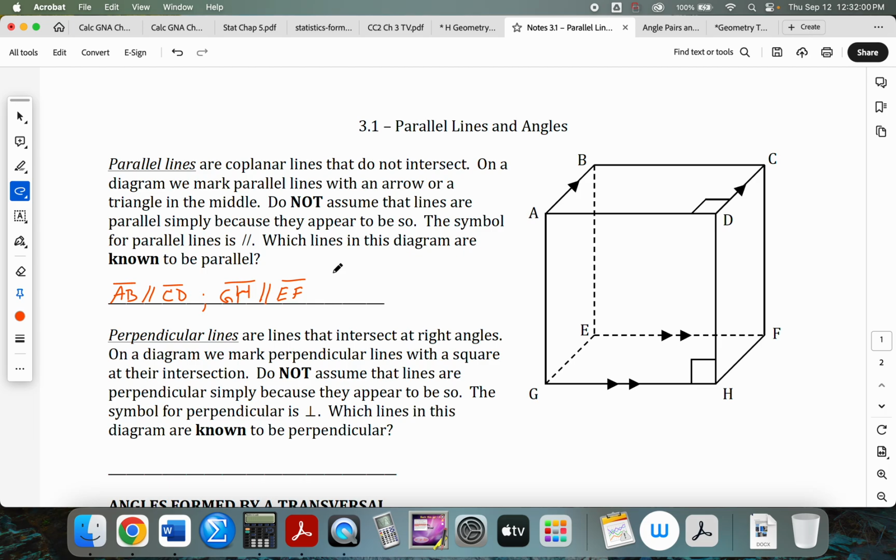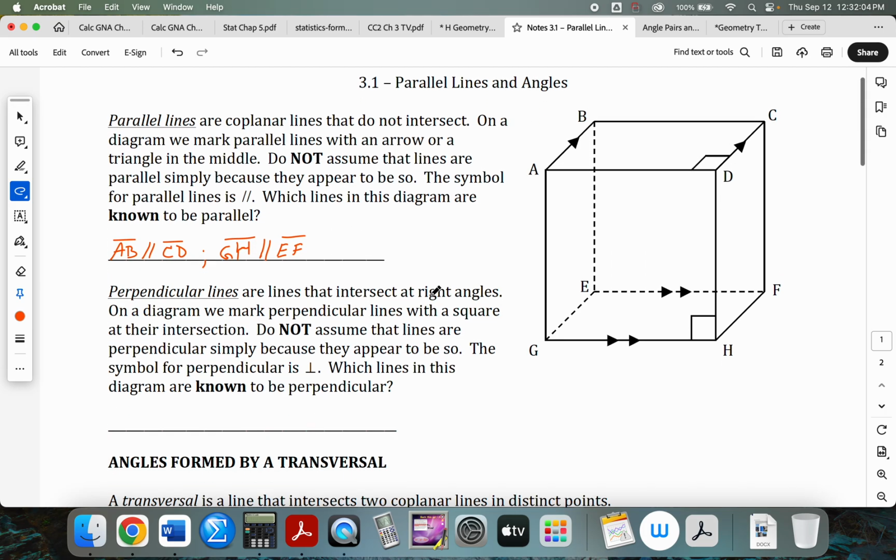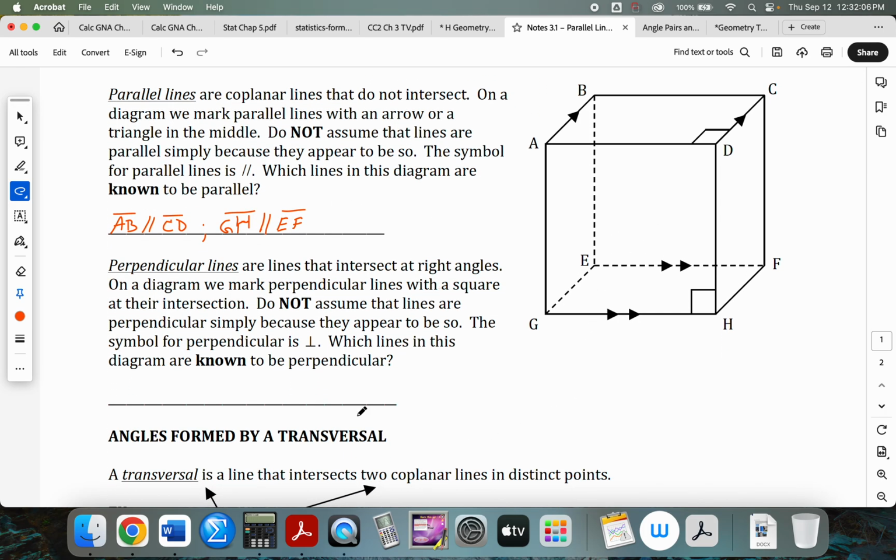Perpendicular lines are lines that intersect at right angles. So the way that we mark that on the diagram is with a square at their intersection. Just like with parallel lines, just because two lines look perpendicular, we can't just assume that they are. You either have to be told that they are or have enough information to conclude that they are. The symbol for perpendicular, well, looks perpendicular.